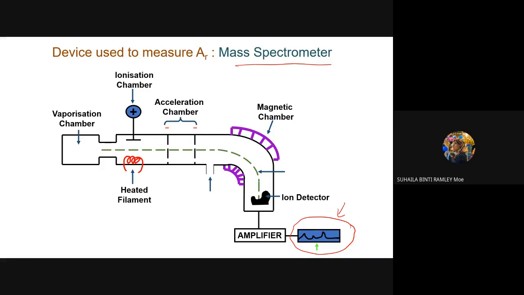The ion detector will detect the result and print it as the mass spectrum. We can write the short form as VIAM.